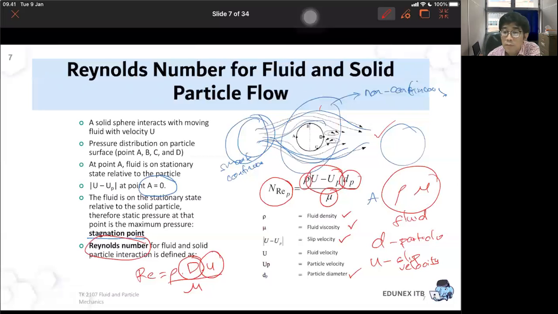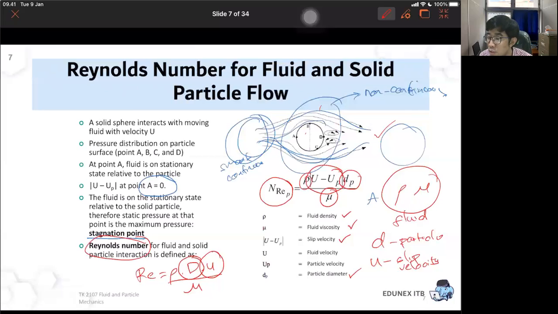Sir, I have a question. For points A, B, C, and D, will the U minus UP be different, causing the Reynolds number to be different as well? It will be different. The slip velocity in A, B, C, D will be different. But basically, when you do the calculation of the Reynolds number, you do not use that slip velocity.